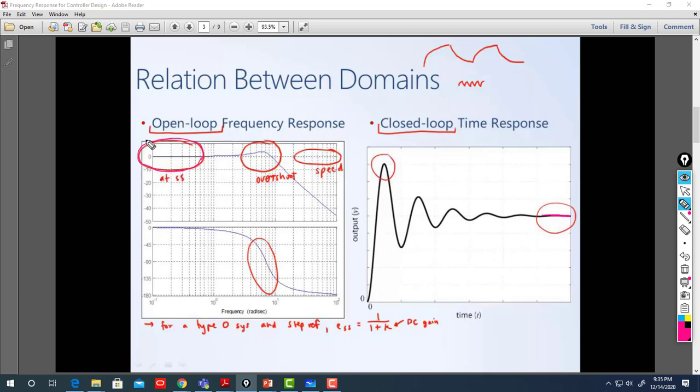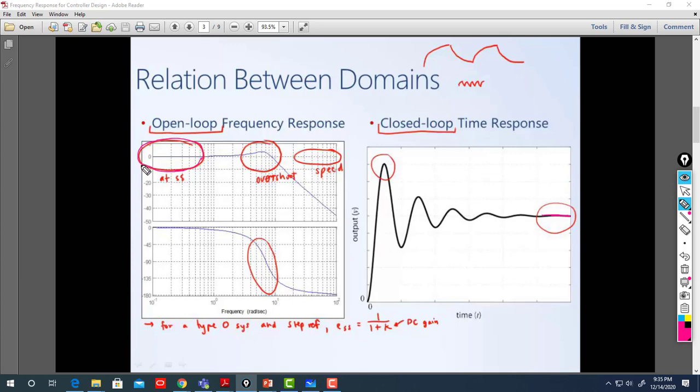Take the example of infinite gain for a pure integrator: this will eliminate the steady state error, right? Because it has very high gain, infinite gain, at low frequency. So if you multiply by a high gain, you increase the decibel magnitude, and this will reduce the steady state error.